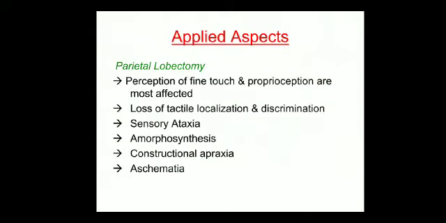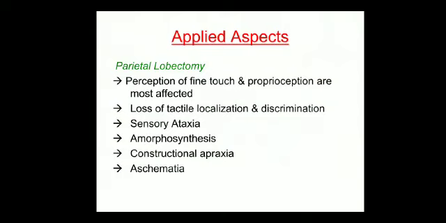That is called sensory ataxia, and uselessness of muscles on the opposite side. So all the sensations of the opposite side will be lost. Usually the proprioception and fine touch are most affected, and then the tactile localization and tactile discrimination will be lost. Because of the sensory loss, you will see loss of control of the voluntary movements, so that is called sensory ataxia.